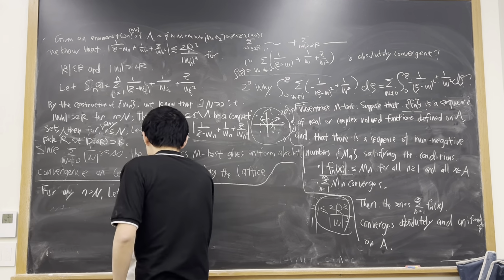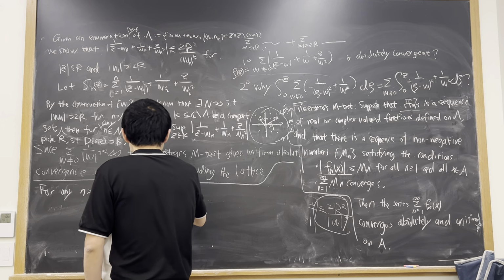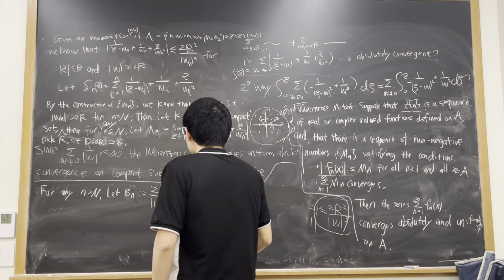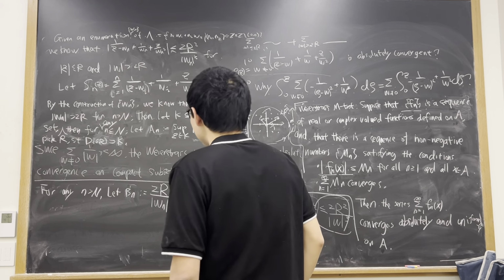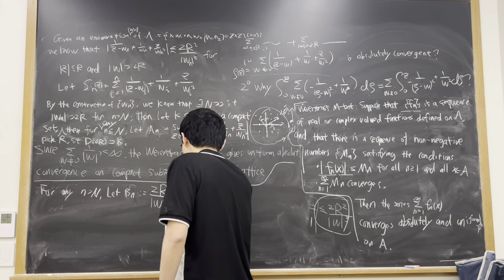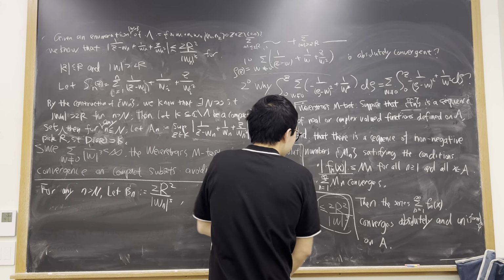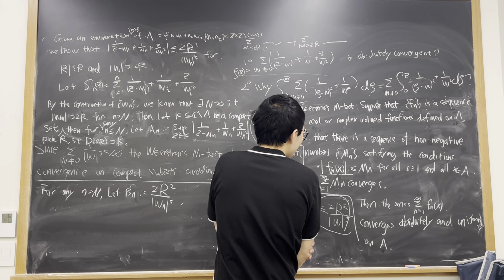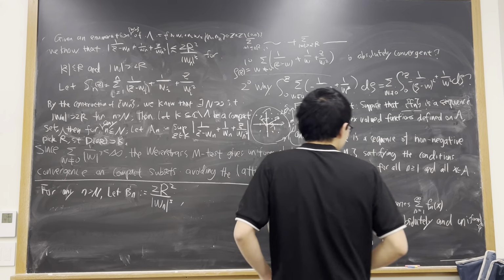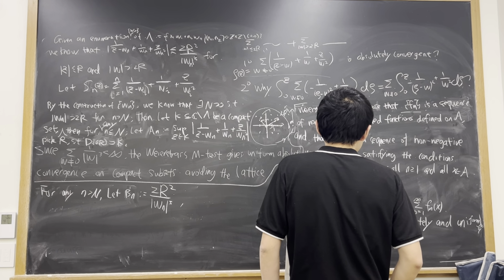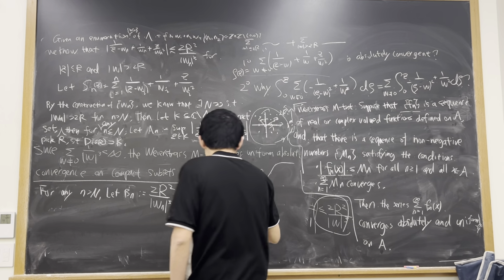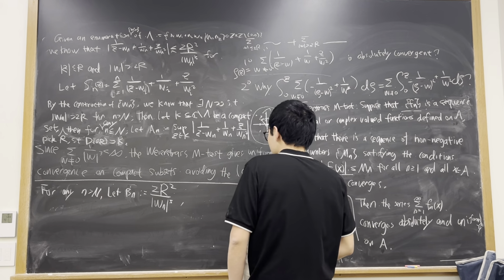So now this Bn is equal to 2r squared over omega n cubed. Therefore this property holds, right?